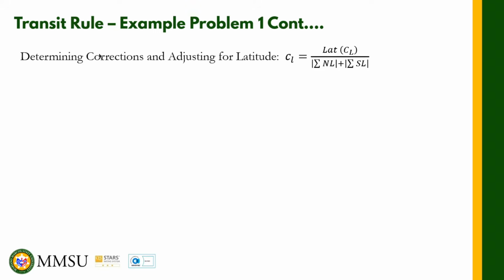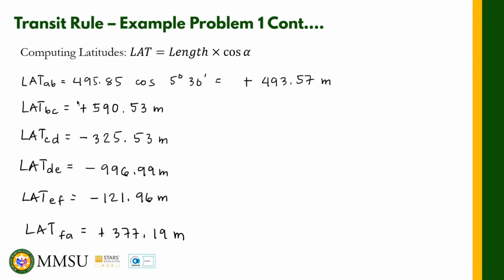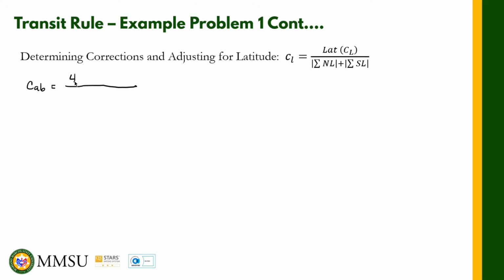The correction of AB is equal to the latitude of AB. The latitude of AB is 493.57 meters, which we have computed. So that's 493.57 meters multiplied by the total closure in the latitude.